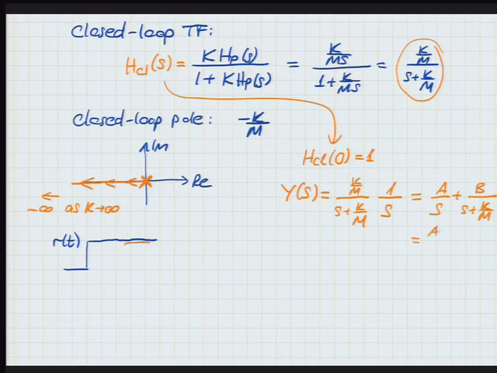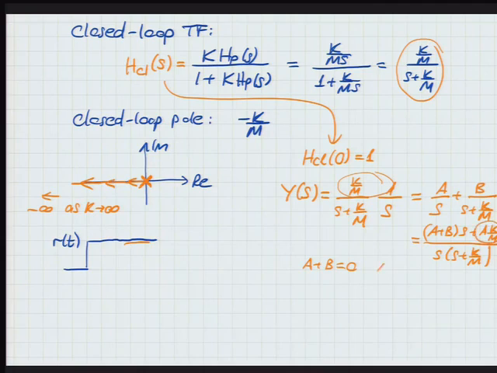You'll get in the numerator A plus B s, is that right? Plus A k by m, over s times s plus k by m. All right, so how can I make the numerator match this? A plus B should be 0, and A times k over m should match k over m.